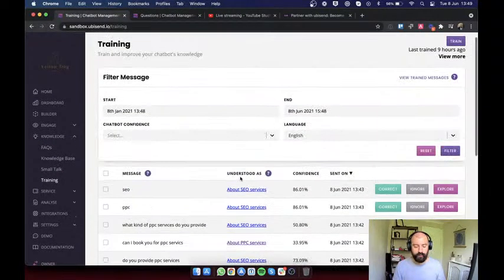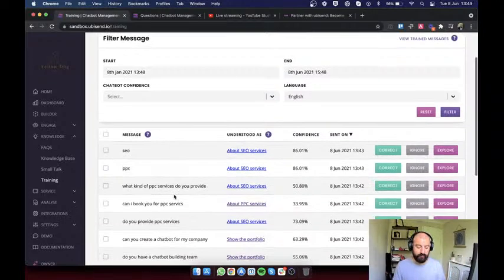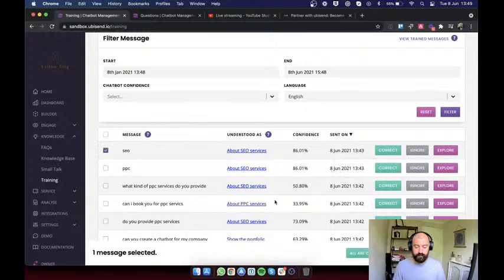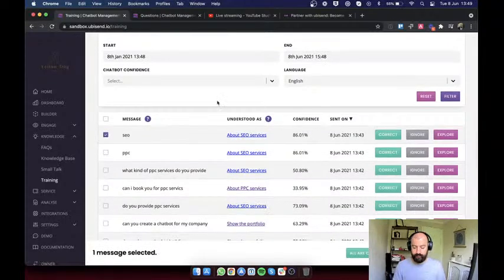It's going to pick it up, but with really obscure words that are misspelled, obviously the chatbot's not necessarily going to know about that. So misspelling the word chatbot, for instance, can be a pretty harsh one to judge a chatbot's knowledge on. So it's worth training the bot on those. Some people just mash the keyboard, and that's what I do. So that's fine. SEO, I can train that.